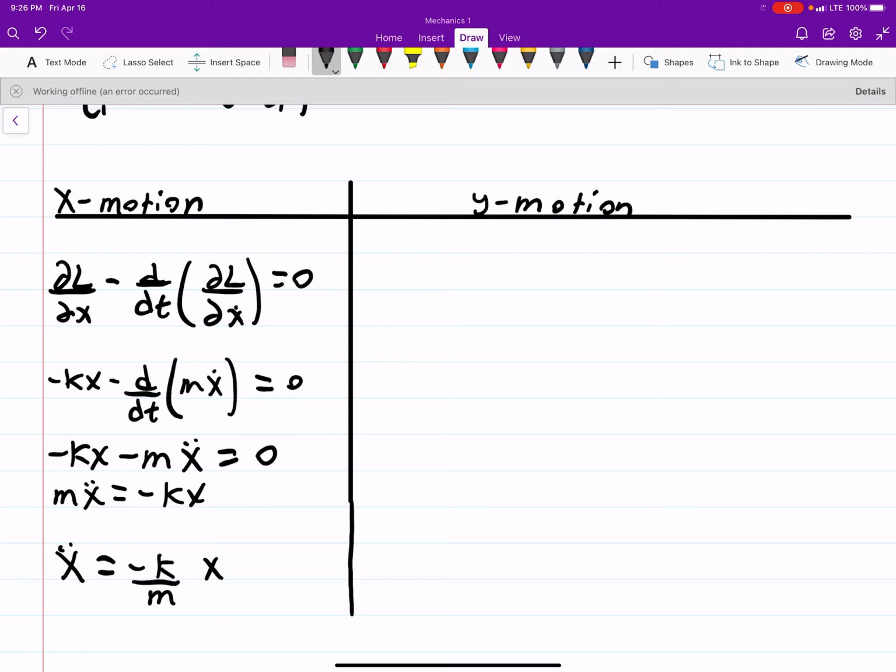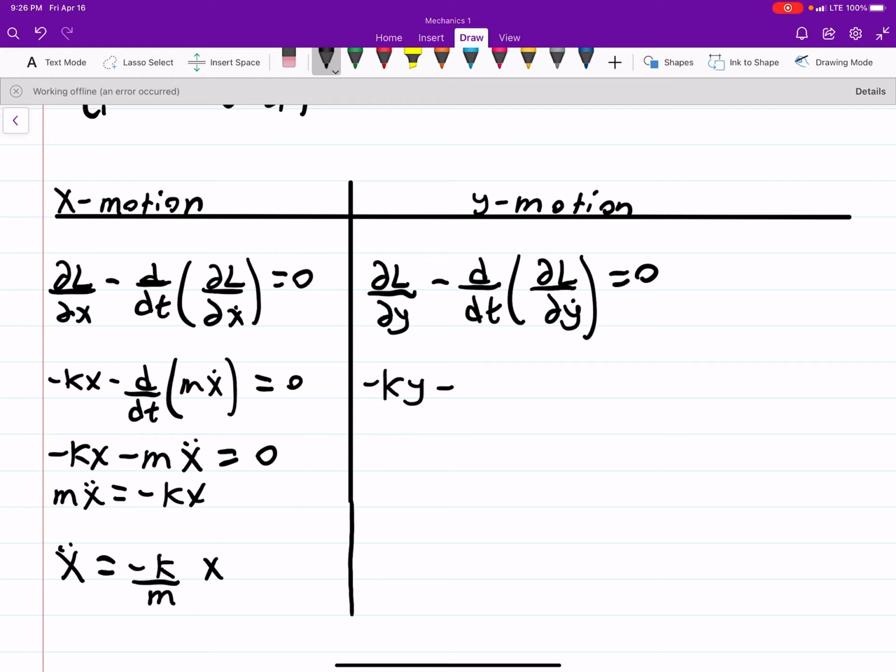And we can do the exact same thing with the y direction. You'll see it's essentially the same idea, except instead of x's, we get y's.